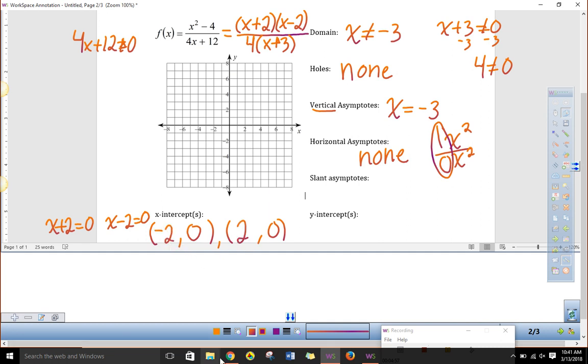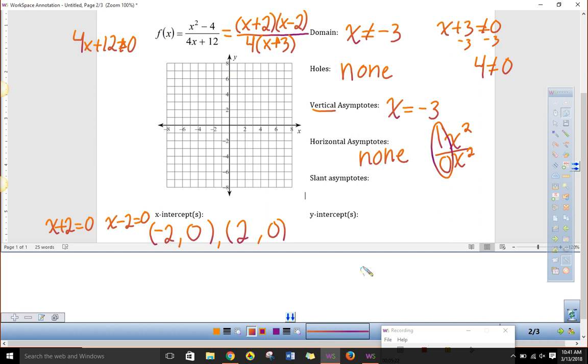Always the numerator. Just like you do for domains with the denominator, it's the same process with x-intercepts. Keep in mind with x-intercepts, you do want to use the simplified version, but since there were no holes, we didn't have to worry about it.